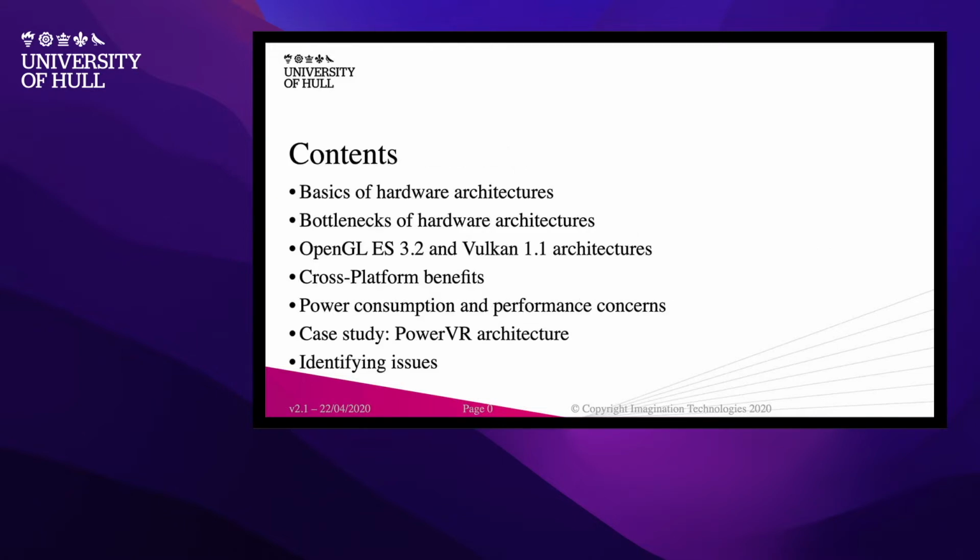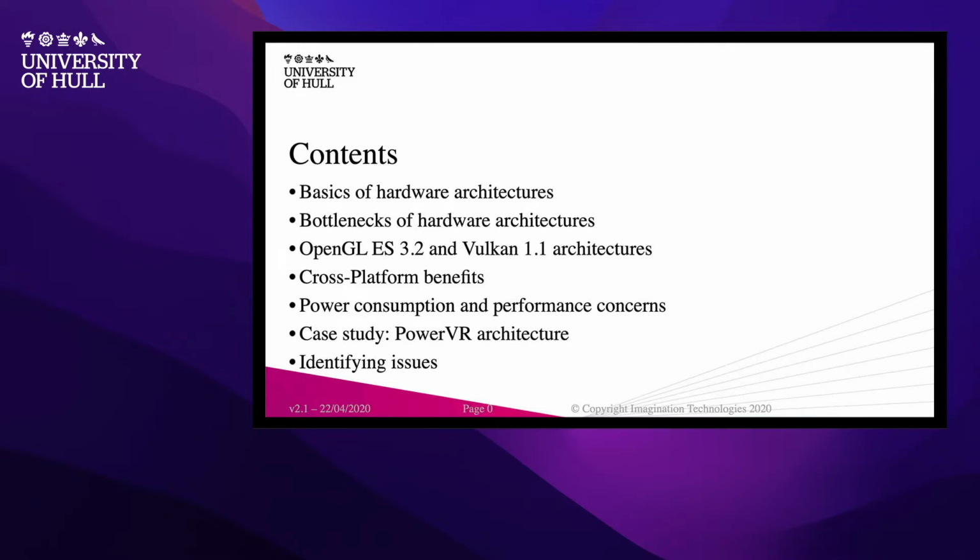So essentially, it's quite a long session, might be towards an hour, but we'll have a break afterwards. It's just looking at the basics of hardware architectures, the bottlenecks, and the architectures. And when you look at the hardware architectures, this shouldn't be that surprising: OpenGL ES and Vulkan are essentially the same, running on the same hardware, so they are very similar.